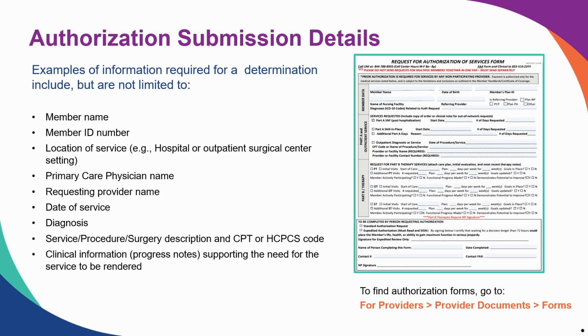If you do not submit that information, your request may be denied based upon lack of information. You can also find forms that will help outline and specify the information needed for your request. You can find these forms on our website at the path below.